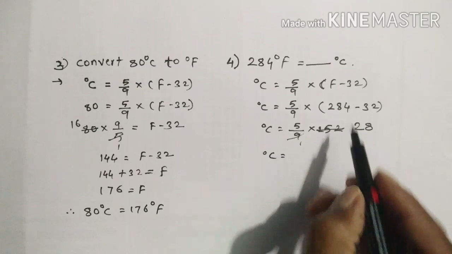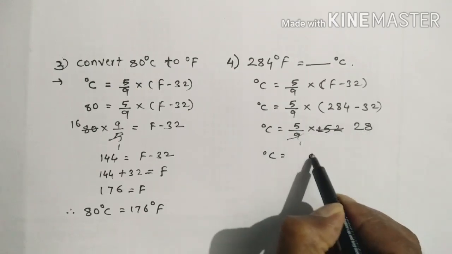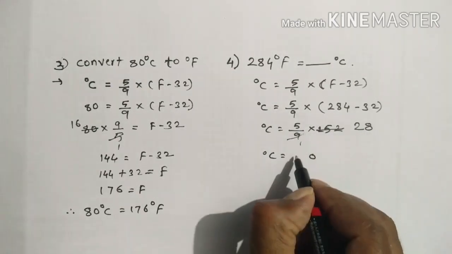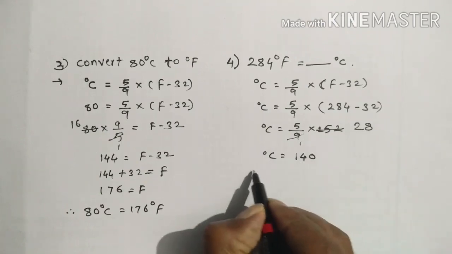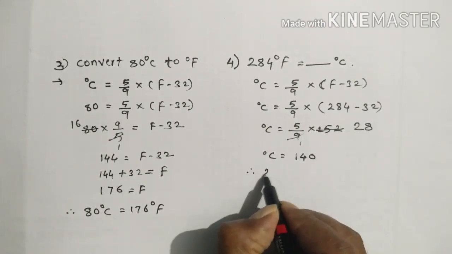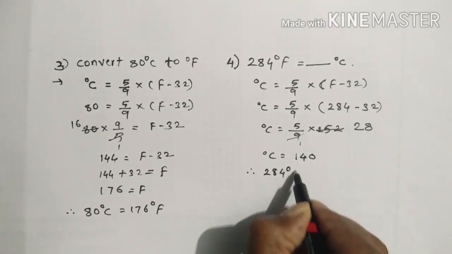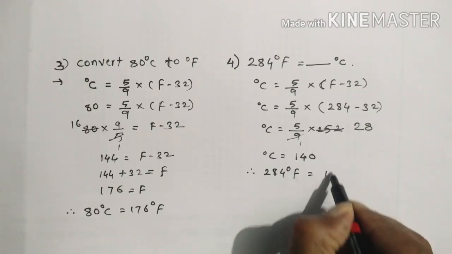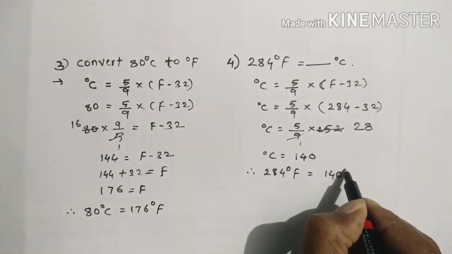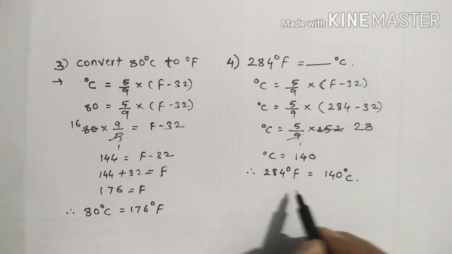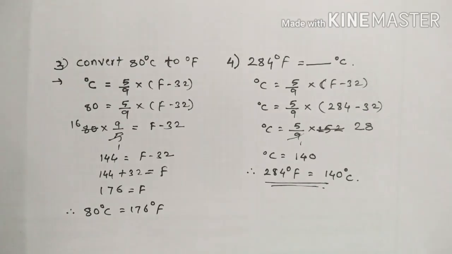So degree Celsius is equal to 5 eights are 40, carry 4, 5 twos are 10 plus 4, 14. Therefore we can say that 284 degree Fahrenheit is equal to 140 degree Celsius. Okay, you may take more examples like this.